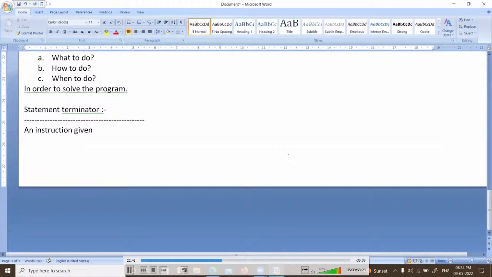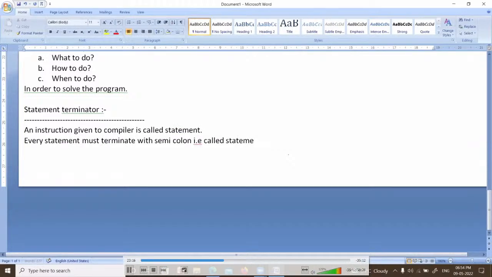That is called the statement terminator. What is the symbol for the statement terminator? It is the semicolon. After completion of every statement, we have to put a semicolon. It is compulsory. So note this down, and after that I will continue the class.